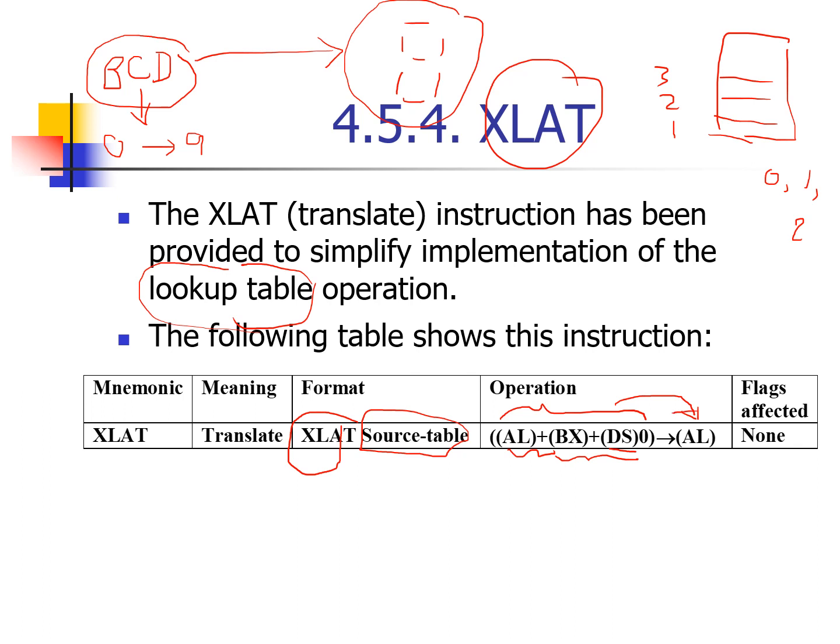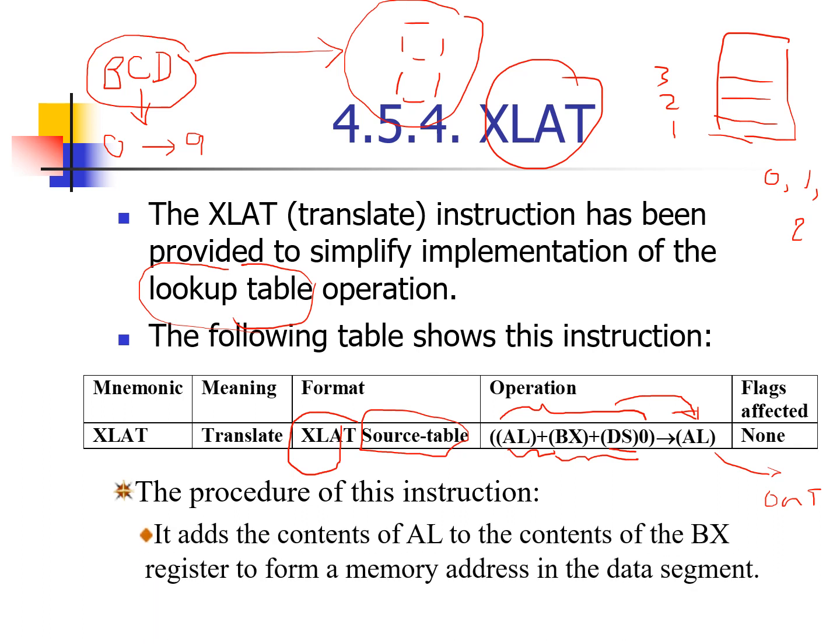Then, if you would like to send this out, you say OUT AL. And again, it adds the content of AL to the content of the BX register, to form a memory address in the data segment, because you have to add this to DS times 10.